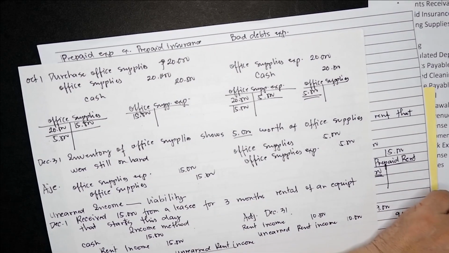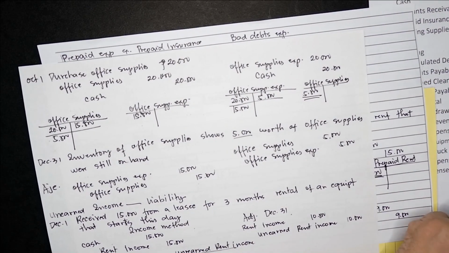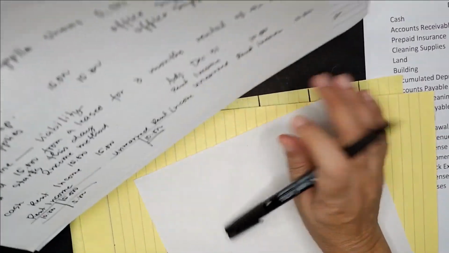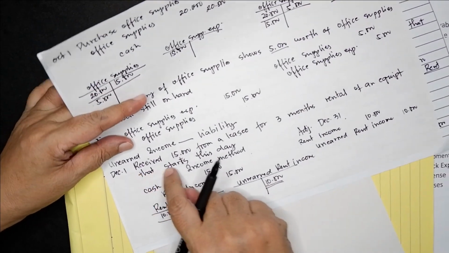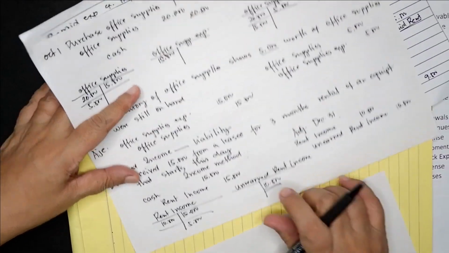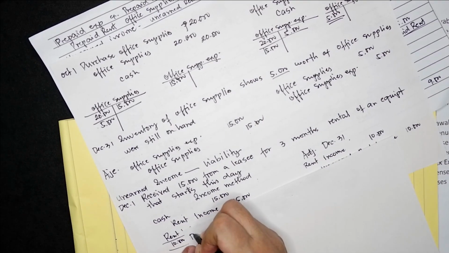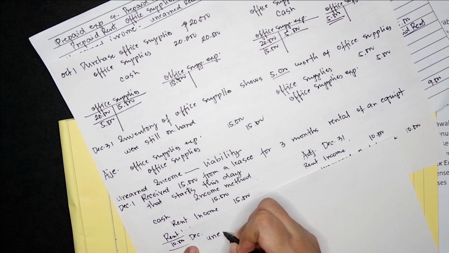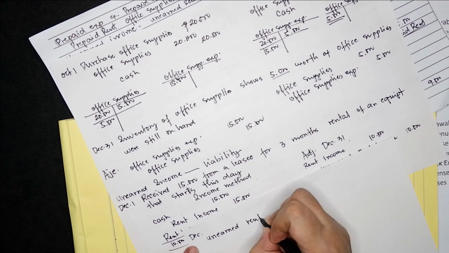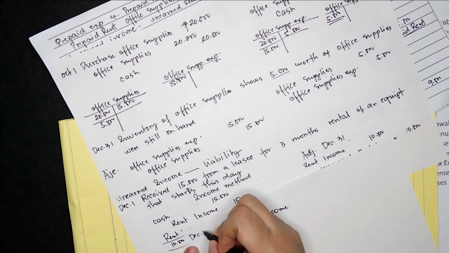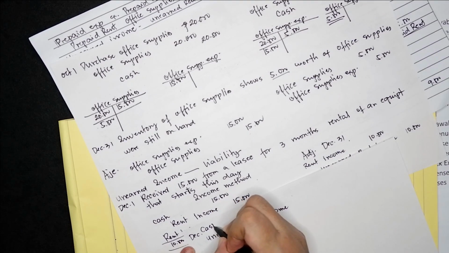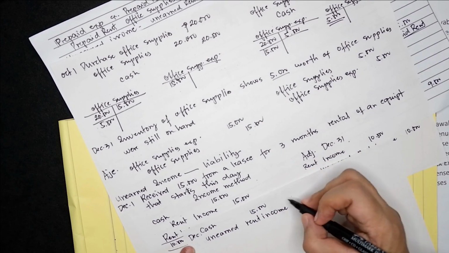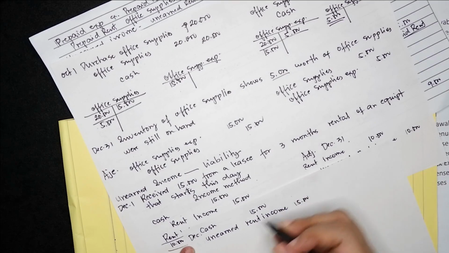Okay, that is if it is the income method. Now, what if it is the liability method? Same transaction. On December 1, we received 15,000. The entry is debit cash 15,000 and credit unearned rent income 15,000.